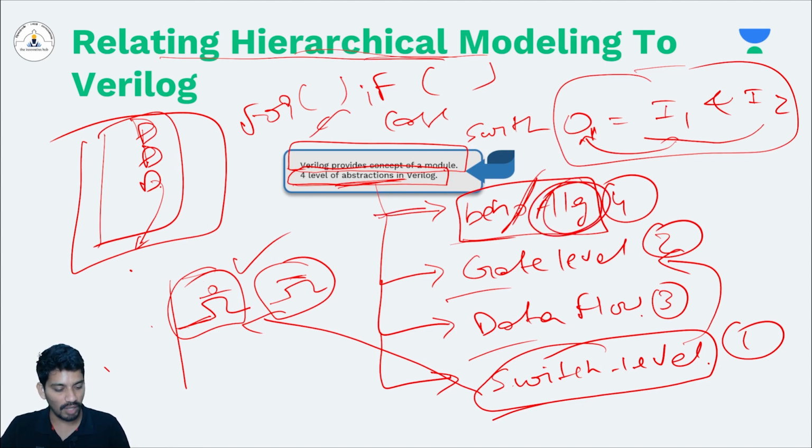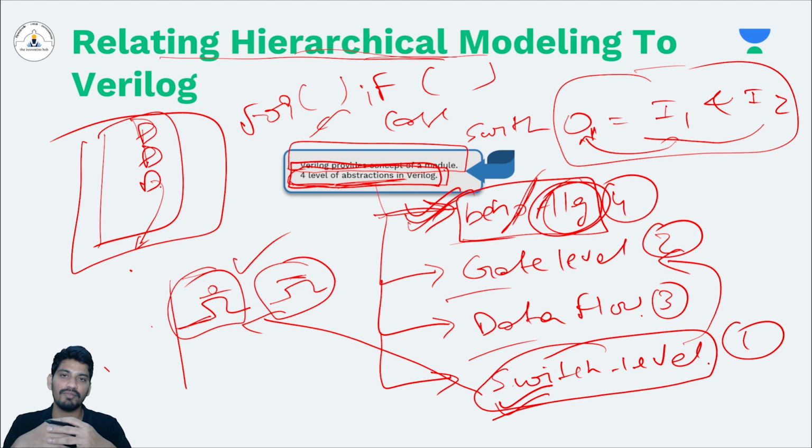So this level is very user friendly and can design very complex circuits very simply, because you are directly writing the algorithm that you require. It is very easy and simple. But the switch level is very complex, though you have more control there. Here, you don't have that much control because you don't know what kind of MOSFET is going to be used. So these are the four levels of abstraction available in Verilog.